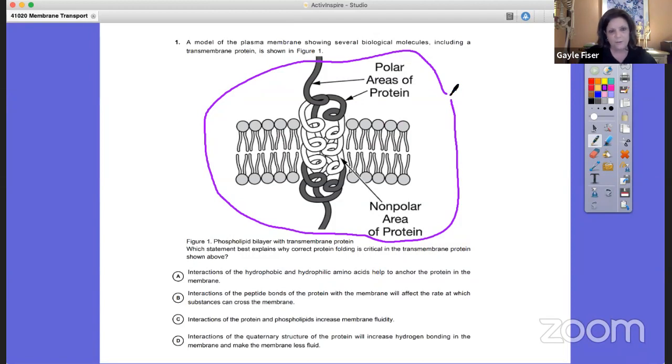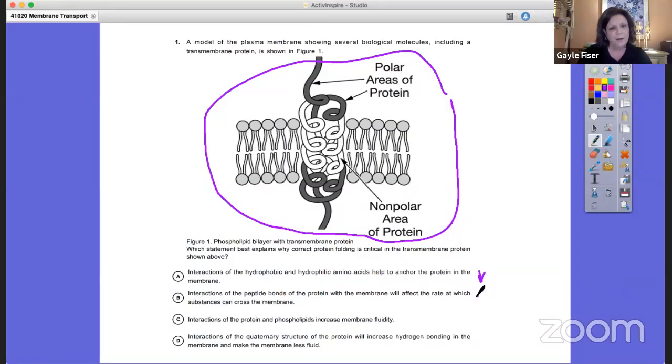The question: which statement best explains why correct protein folding is critical in the transmembrane protein shown above? And there's 4 choices. A, interactions of the hydrophobic and hydrophilic amino acids help to anchor the protein in the membrane. Okay, maybe. All right, interactions of the peptide bonds of the protein with the membrane will affect the rate at which substances can cross the membrane.